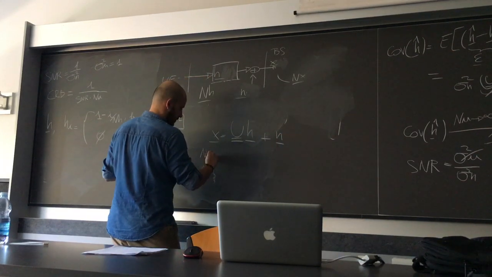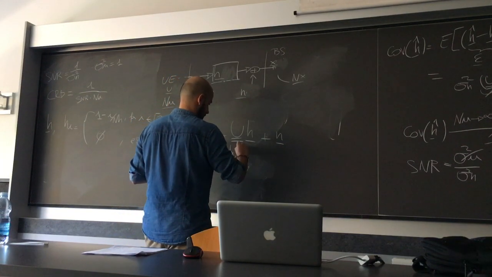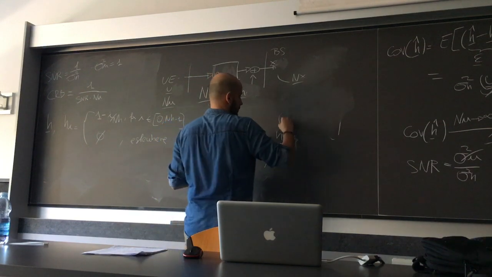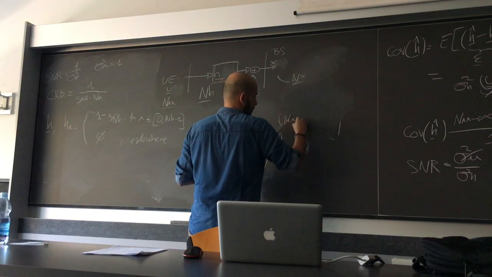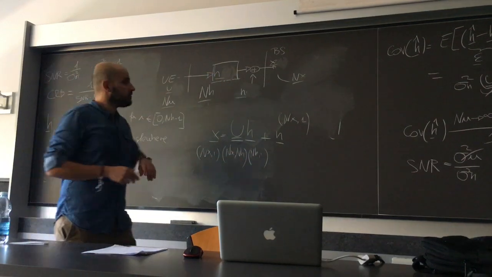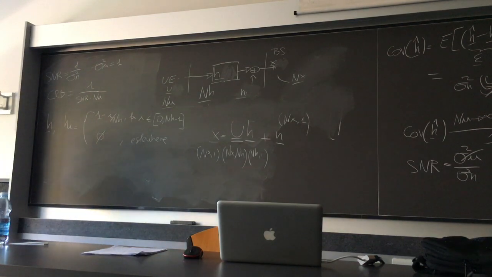This is nx plus 1. This is nx nh. This is nh1. And this is nx1. So when I write all the vectors, you will tell me easily what the sizes of the vectors are, and so on. And that's it.